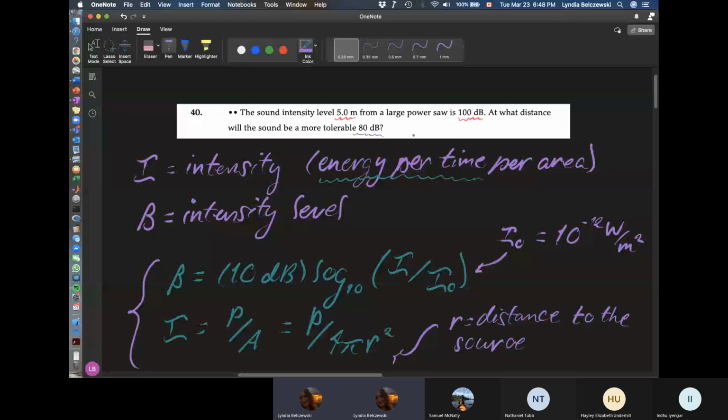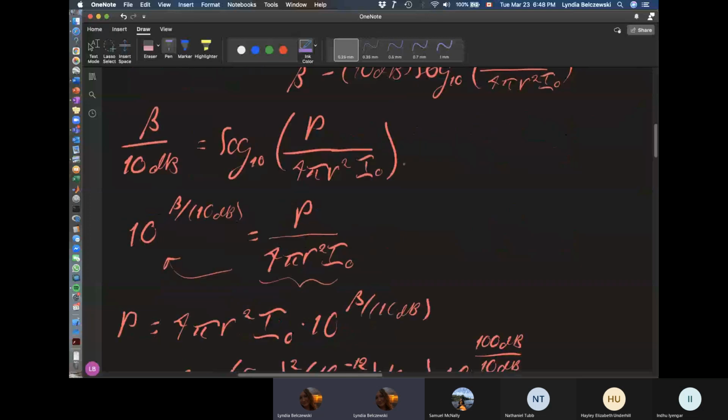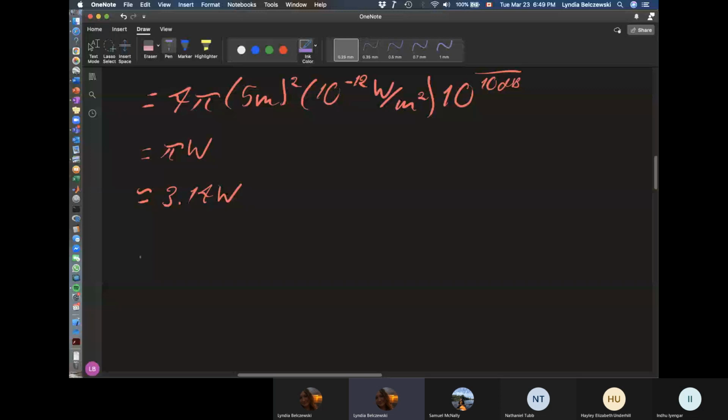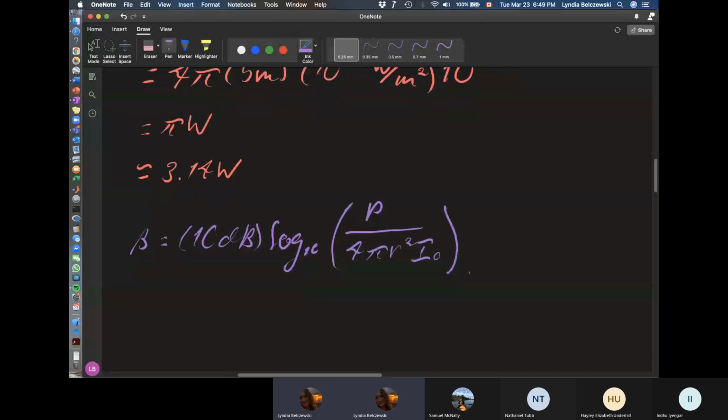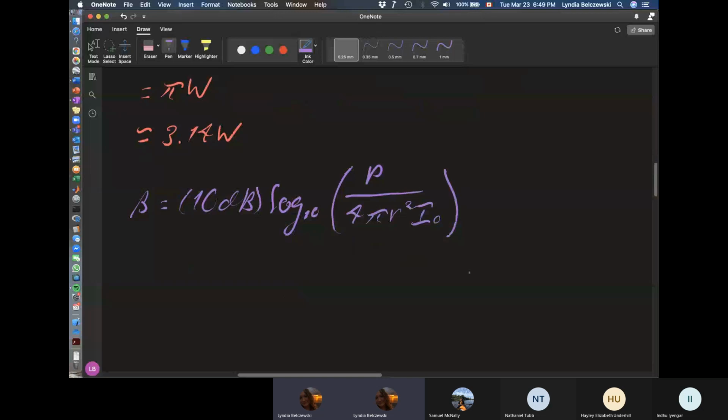And now we're looking for the value R. So this equation that we used here, or whatever version of it, we can just solve that for R. So there's our equation that has beta, which we know, power, which we know, and we are looking for R here.